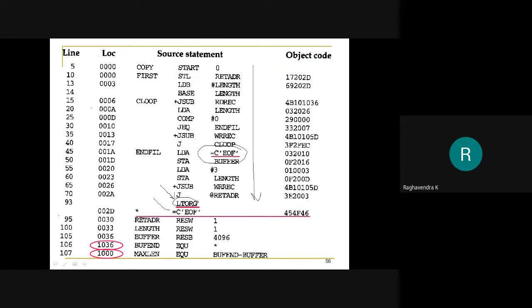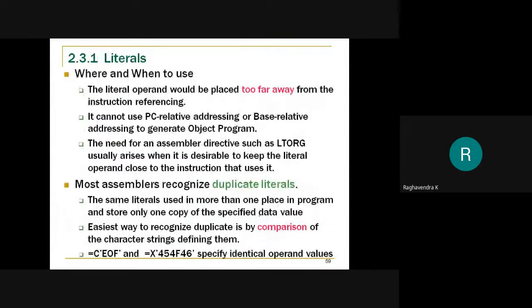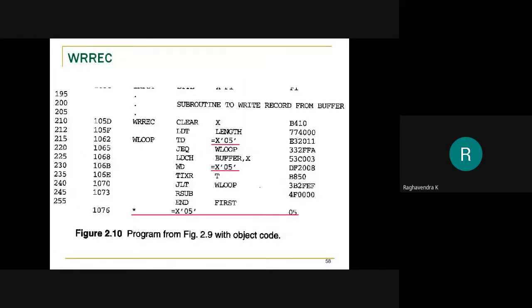So it's going to place the literal value here, generate the address for that, and in the second pass it's going to be assembled. This is how you can ensure placement of the literal pool, right? It's called a literal pool. The literal pool can be placed anywhere in the program by making use of the LTORG statement. This is one thing that you need to remember.